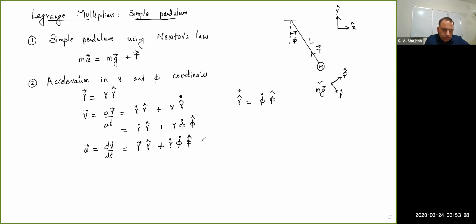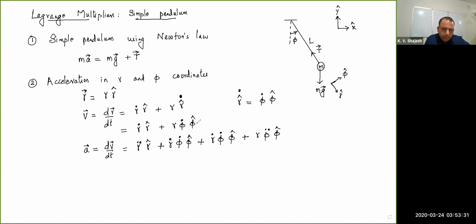And next, there are three terms more. So this is r dot phi dot times phi hat, coming from the derivative of the r term in here. Next, we take the derivative of phi dot. So this is r phi double dot times phi hat.